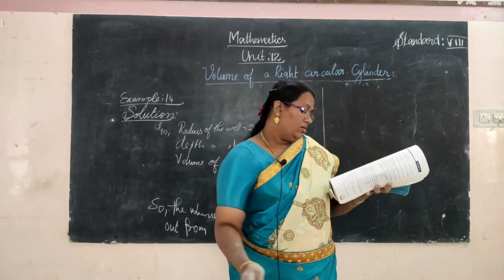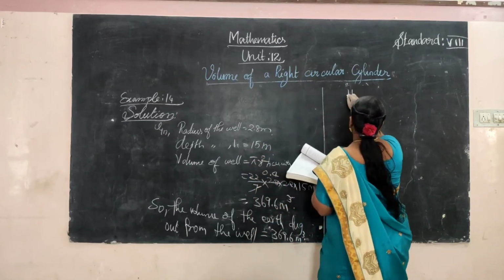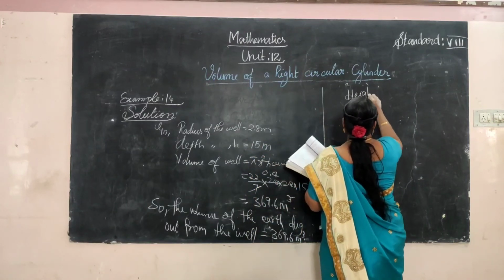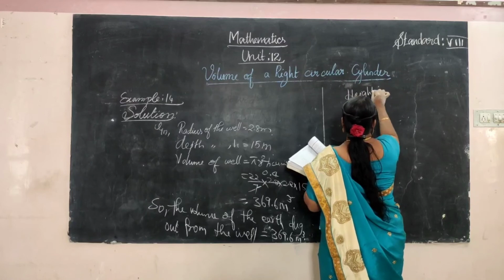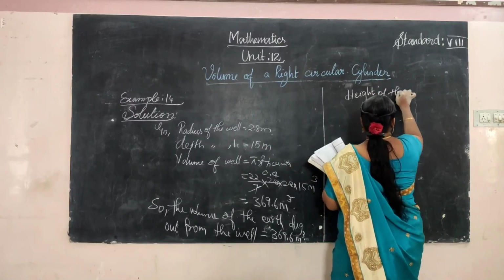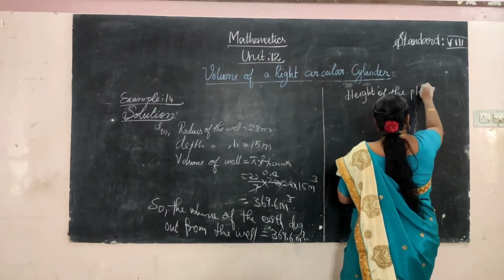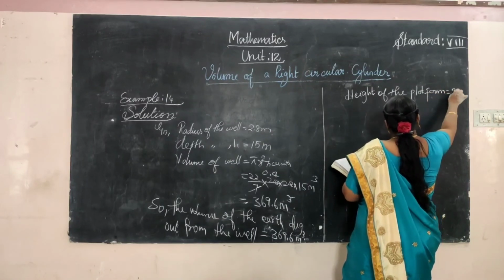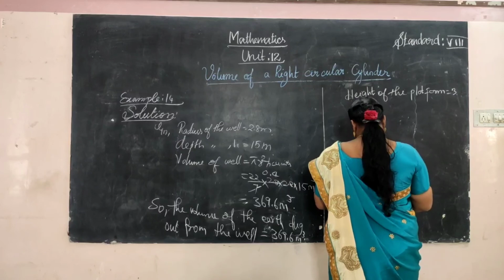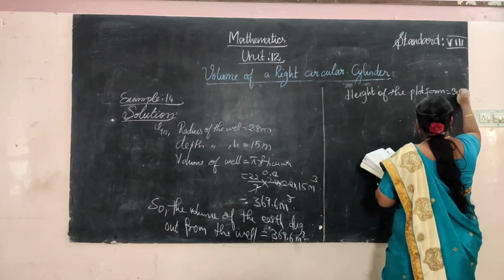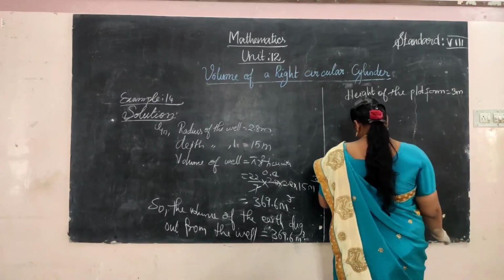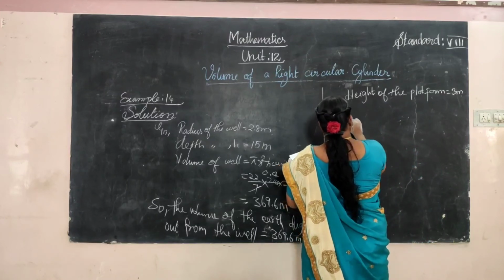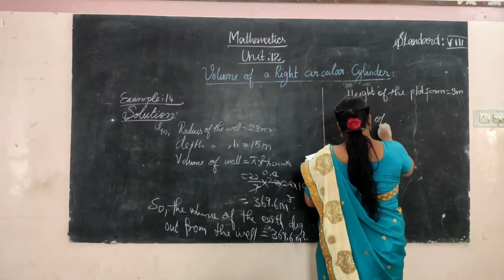So height of the platform is equal to 3 meter.